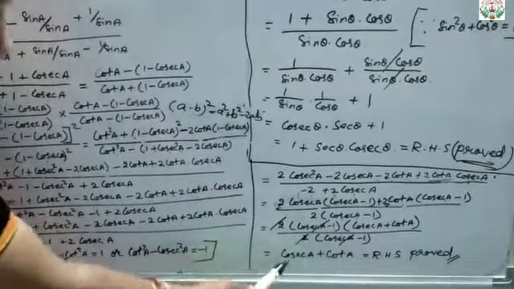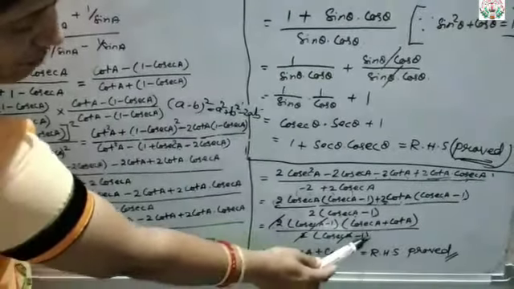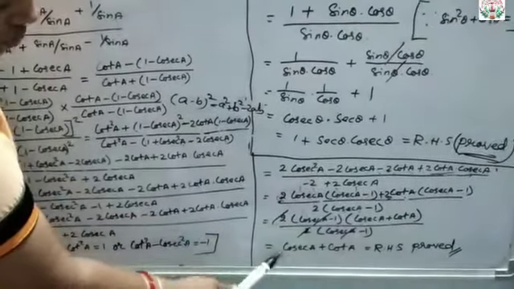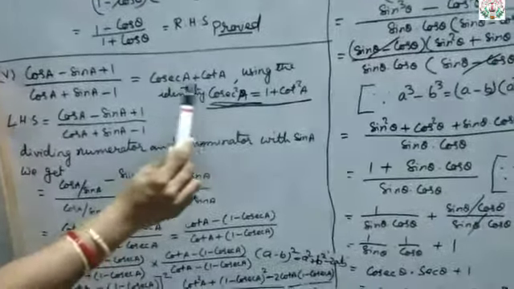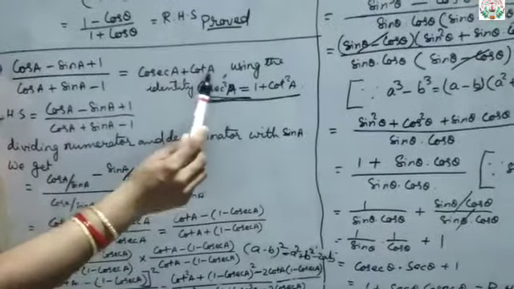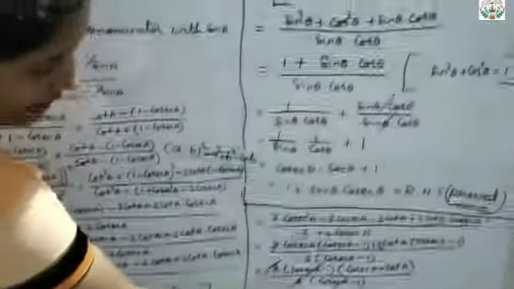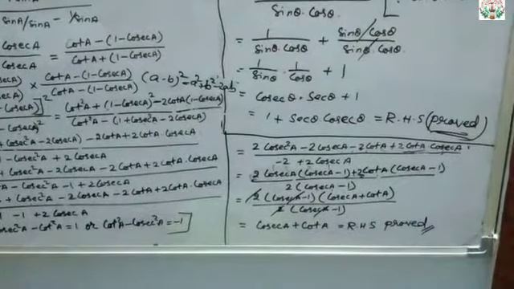So 2 in numerator and denominator cancel. Here also cosec A minus 1, here also cosec A minus 1, numerator and denominator cancel. Now what is left out? Cosec A plus cot A. So that is what was required, cosec A plus cot A. So that means it is proved. This equals RHS, which is proved. Clear, children? Understood? Okay. Thank you.